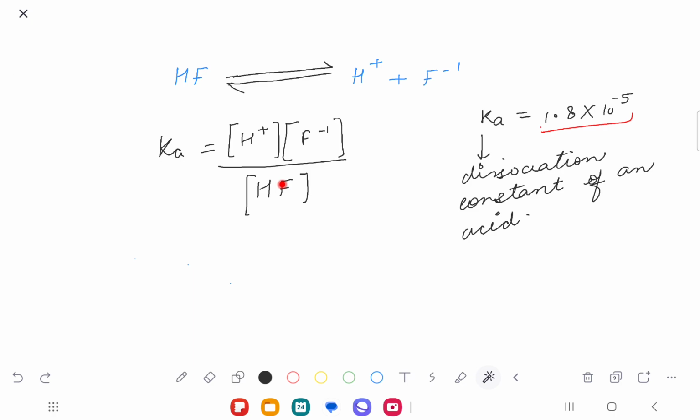So you tell me, if I have to write down Ka, what does high Ka mean? High Ka means the value of Ka would increase when? Because Ka is a ratio. Ka is a ratio of whom? It is a ratio of product over reactant. And this is sort of a fraction.